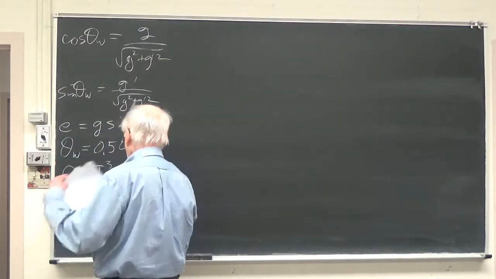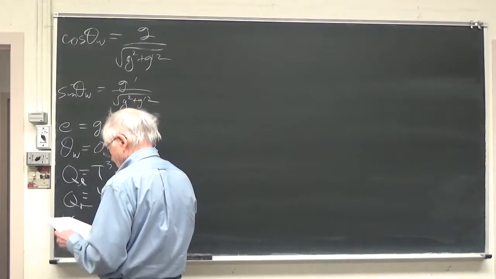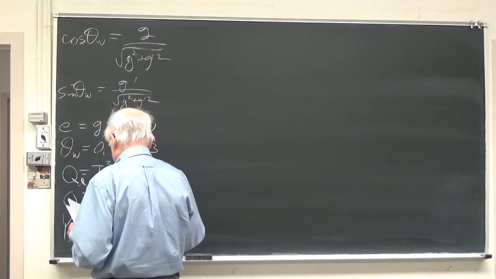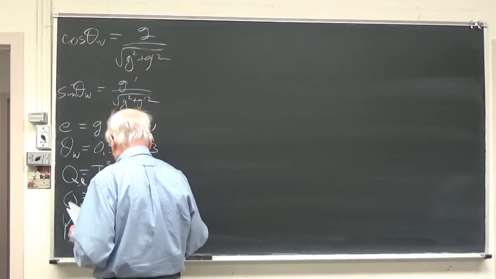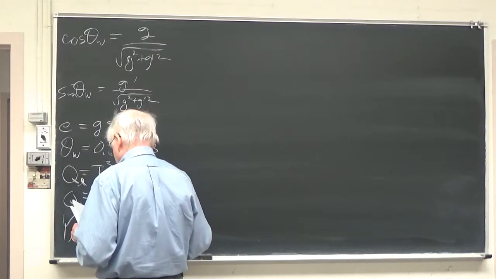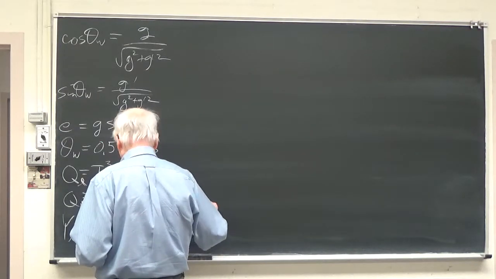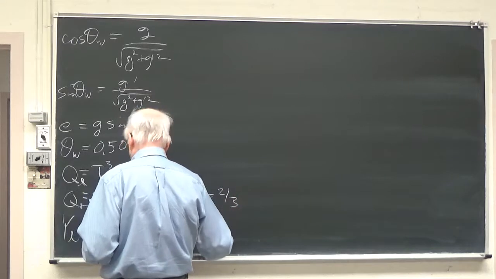Whereas Y right is just all sorts of things. Y right for a neutrino is 0. Y right for an electron is minus 1. Y right for an up quark is 2/3.